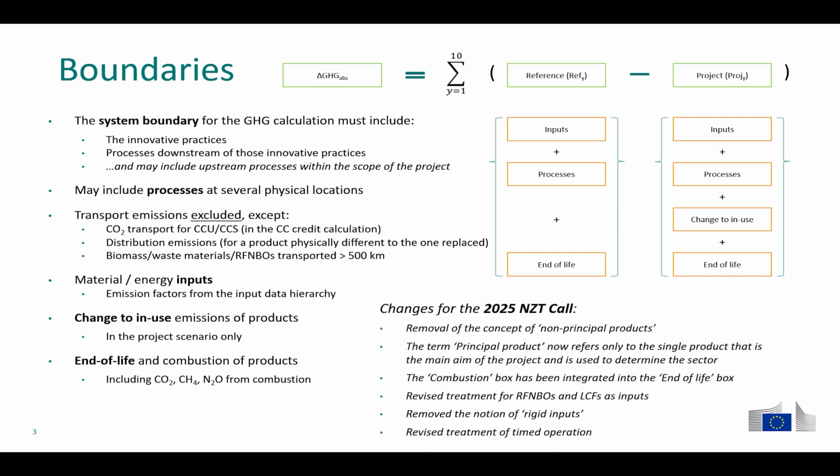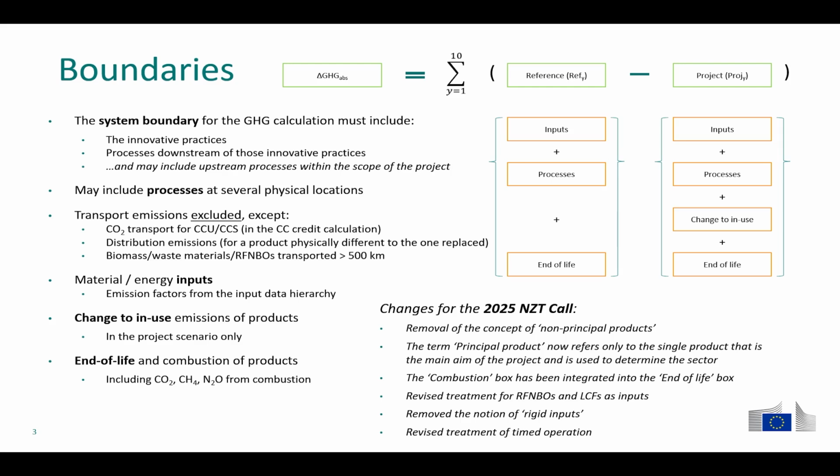There are some changes to draw your attention to if you've applied under a previous call. So for the 2025 call, we have removed the concept of non-principal products. So now the term principal product refers to the single product that is the main aim of the project and that is used to determine the sector.